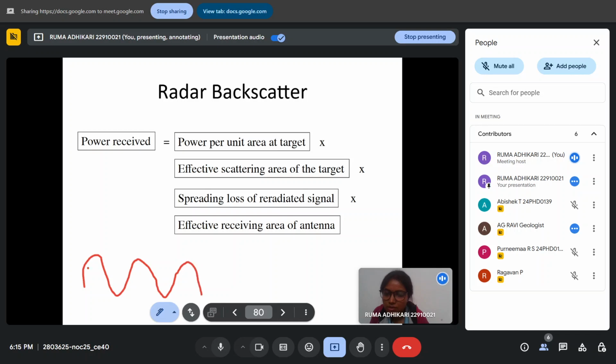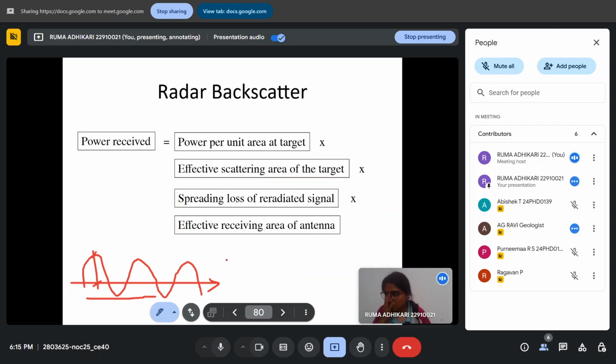It goes like this. Suppose it has amplitude, it has phase. So from amplitude, how do we get this backscatter or this power, you can say.